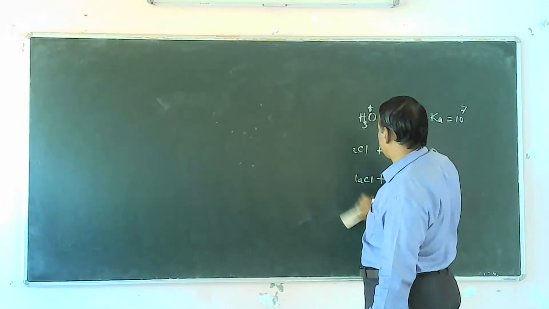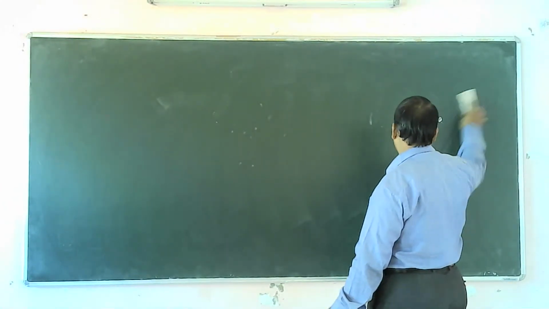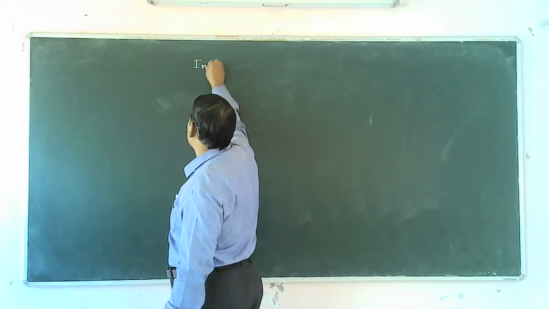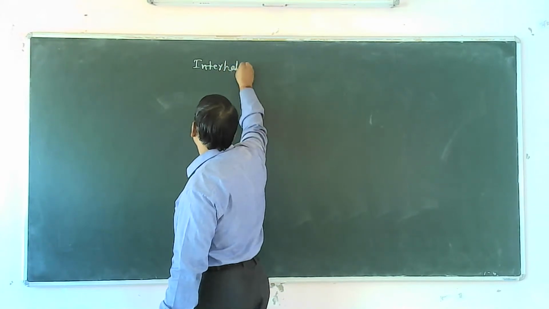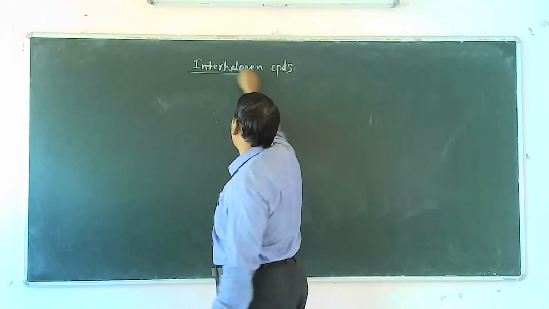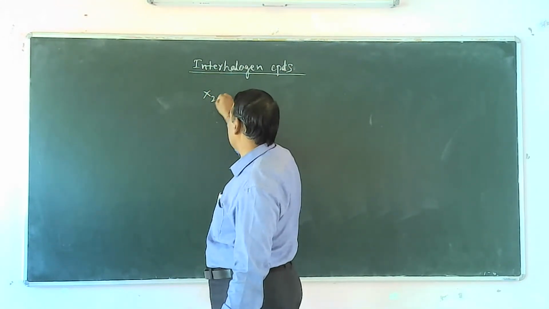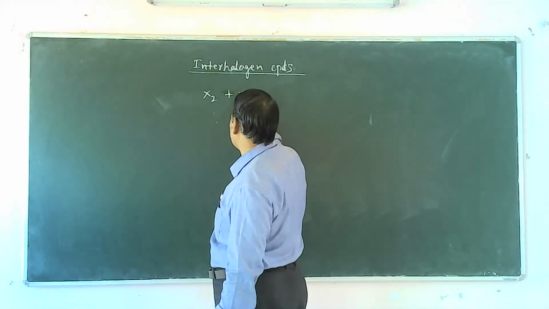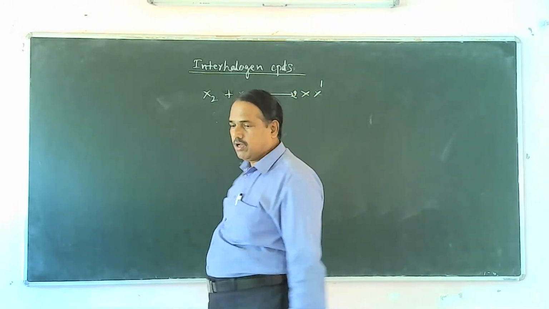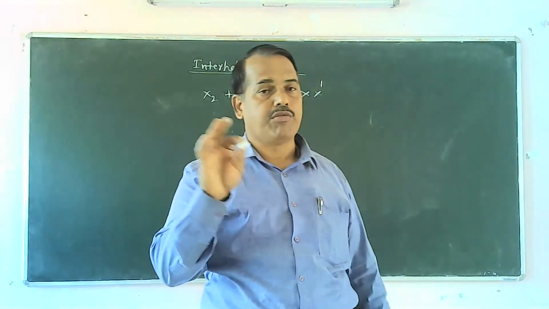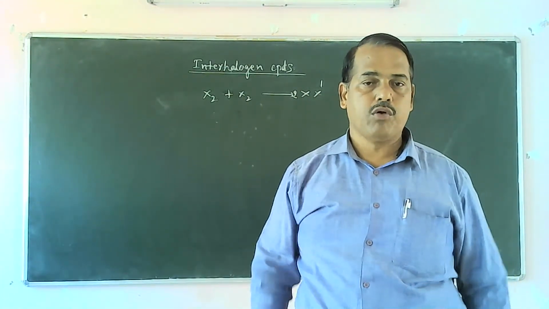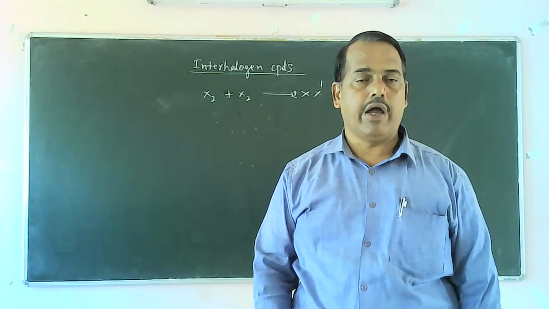compounds. We studied different types of interhalogen compounds. When halogen reacts with halogen, we get XX' type of compounds, called interhalogen compounds. This basic one we studied.